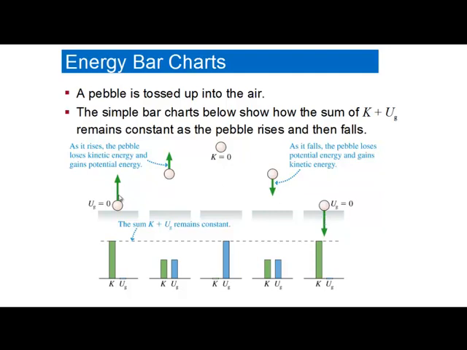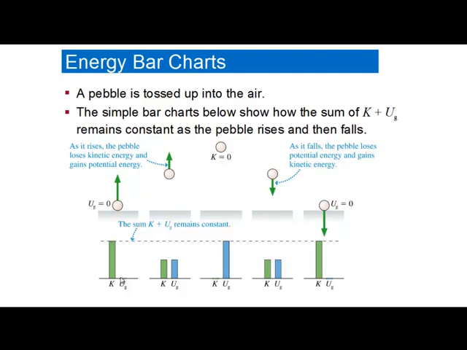When we try to represent this graphically, we'll use this bar chart, and so the chart here represents the two forms of energy that we have in this problem, kinetic and gravitational potential energy. The bars are meant to represent the amount of energy that we have for each kind. So right here in green we are showing the initial kinetic energy of the pebble. It's this much, that's the initial amount.